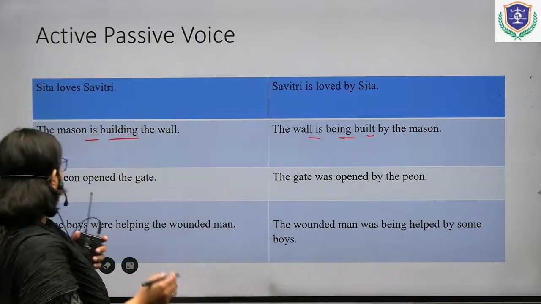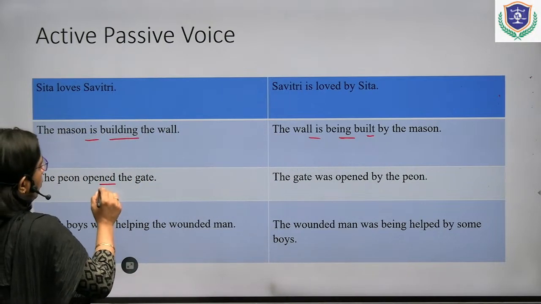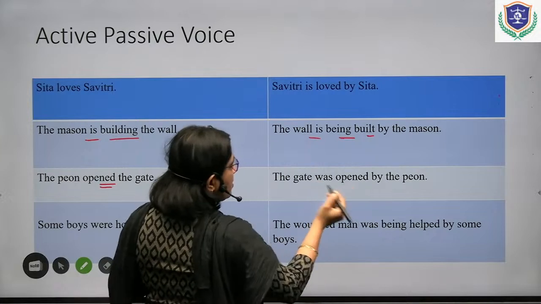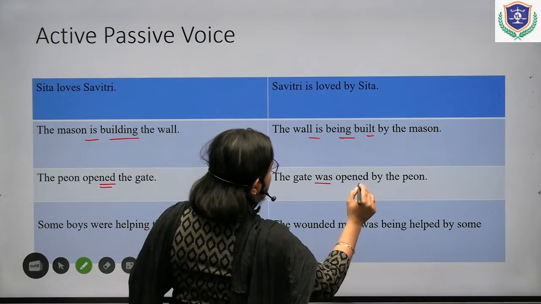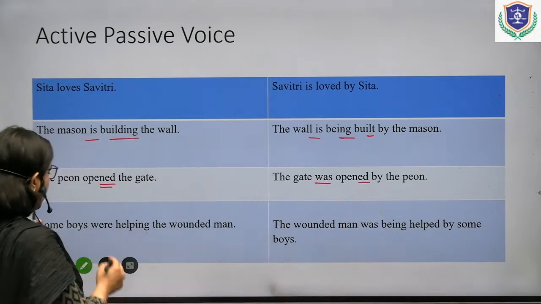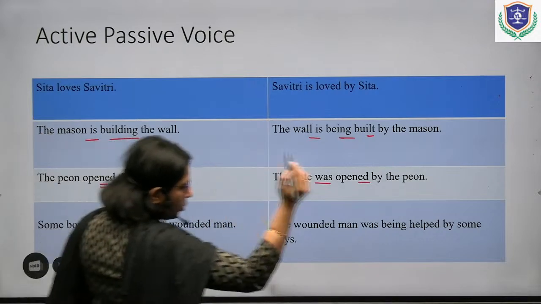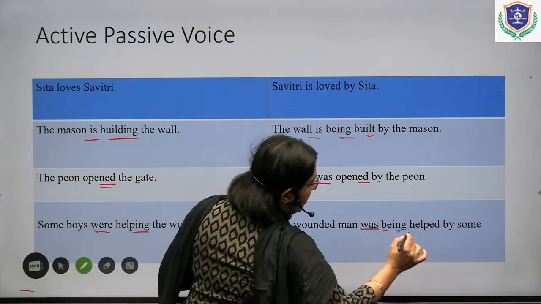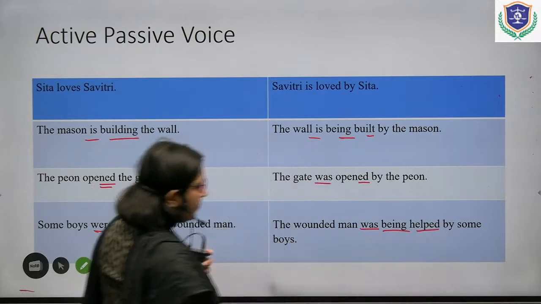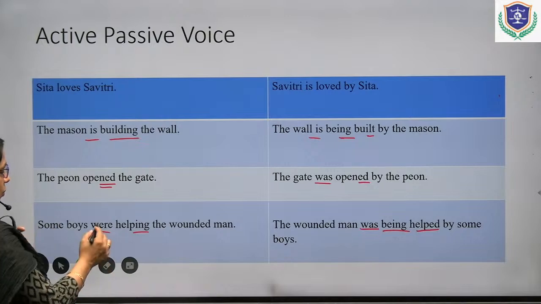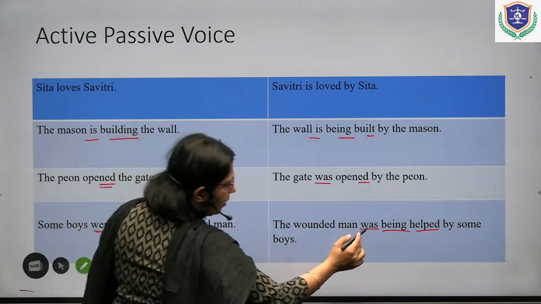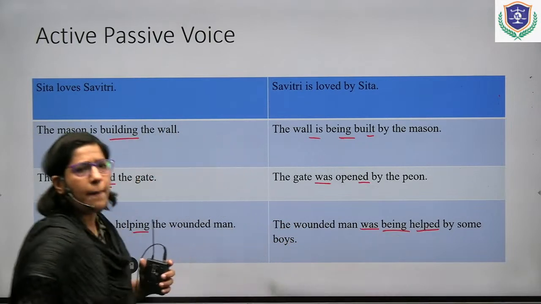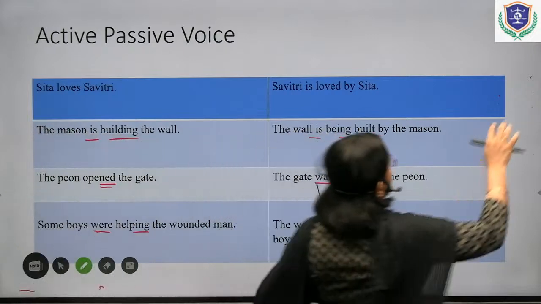So that is what is there. The pen opened, of course past tense, so was opened. Then were helping, of course, the moment we have ing, we are putting being plus past participle along with it. Of course, were, so we need to maintain the past tense of that.